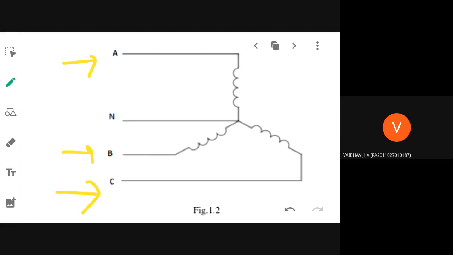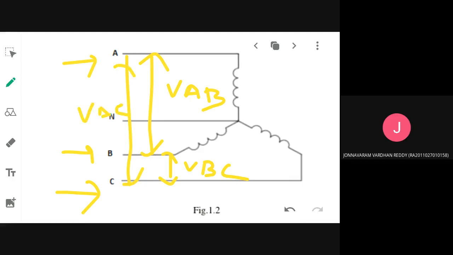So between line to line, I am having one voltage. So what are the other line voltages? BC and AC, CA. These are called line voltages, or line to line voltages, or simply line voltages.